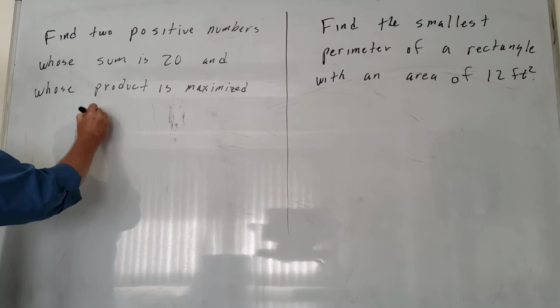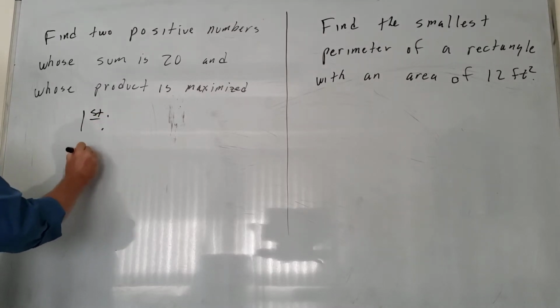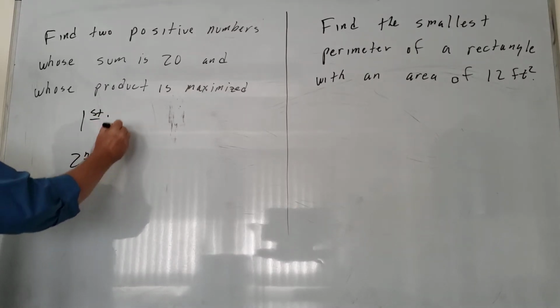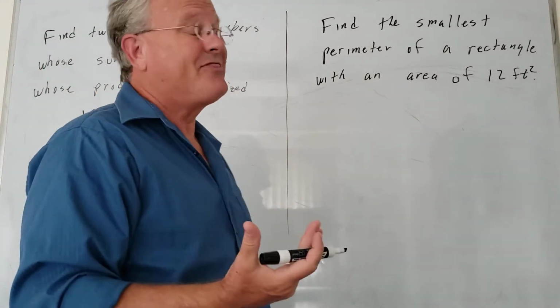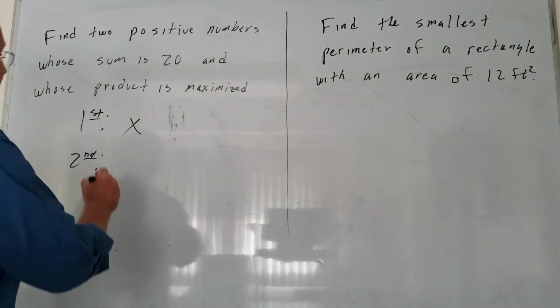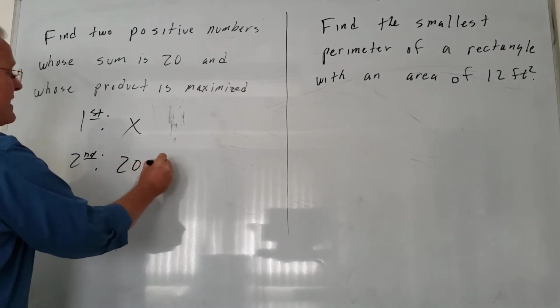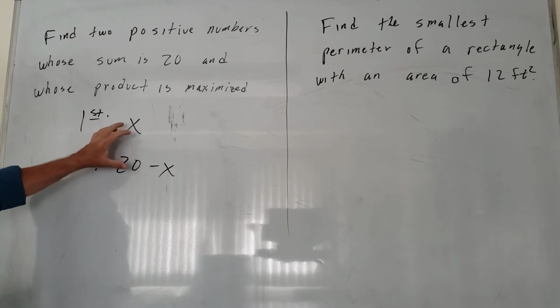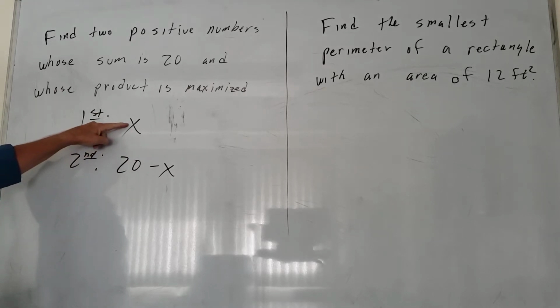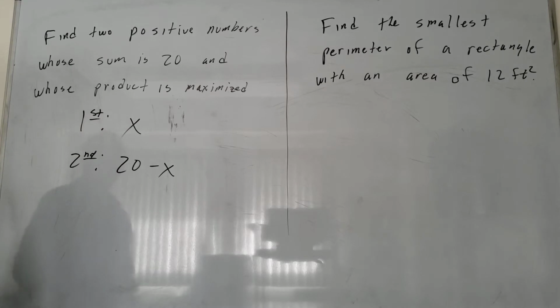If our first number is some number x, then the second number has to be 20 minus x, because when I add these two, the x's cancel and we get 20. So if this is 5, this is 15, and it adds up to 20. So there's our two numbers.